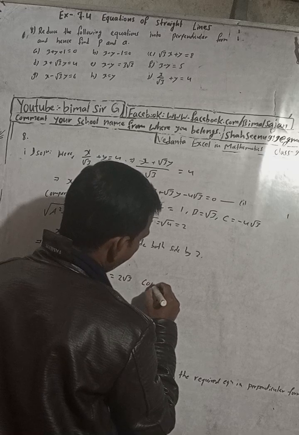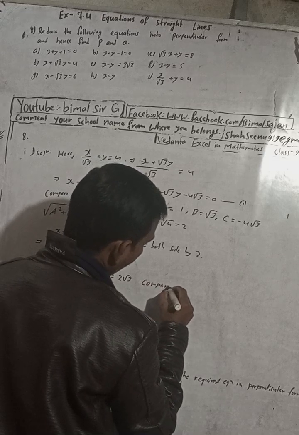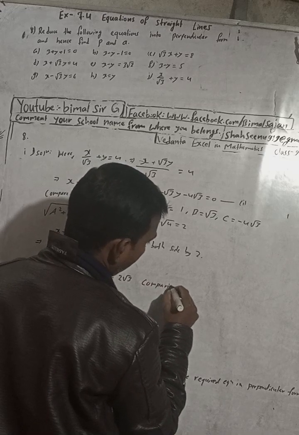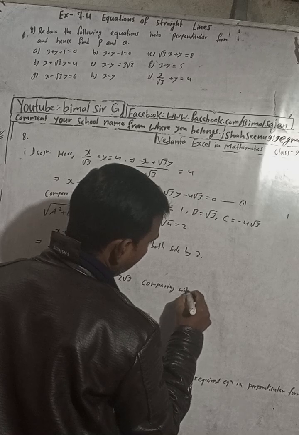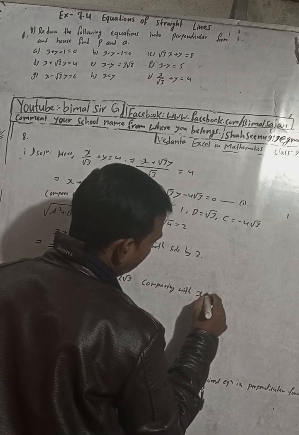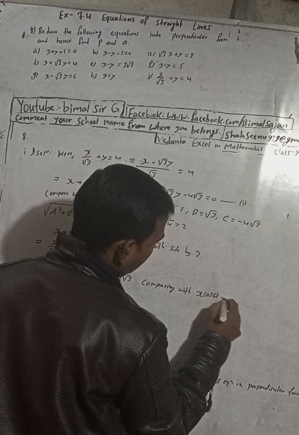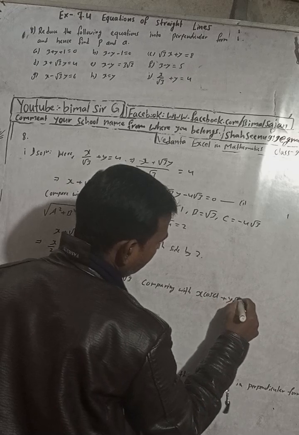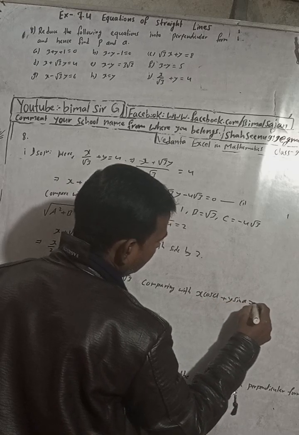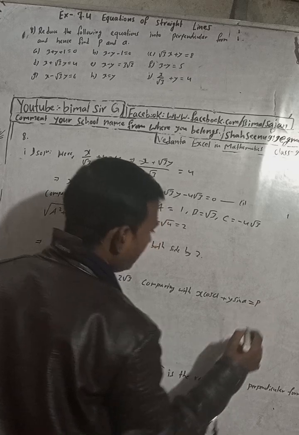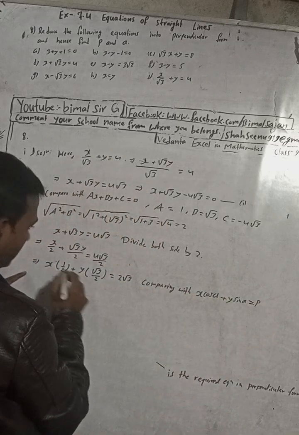Now compare it with x cos alpha plus y sin alpha is equal to p. When we compare this, what we get here?